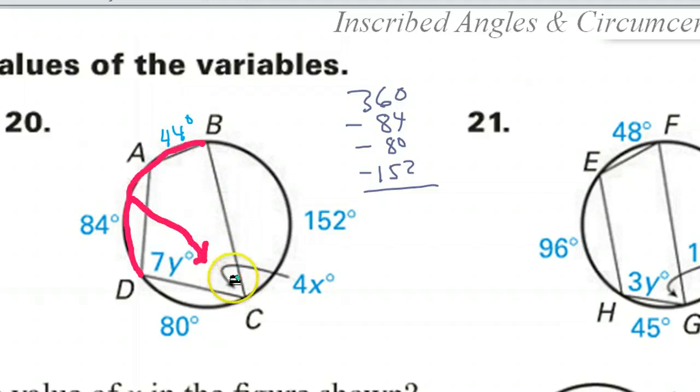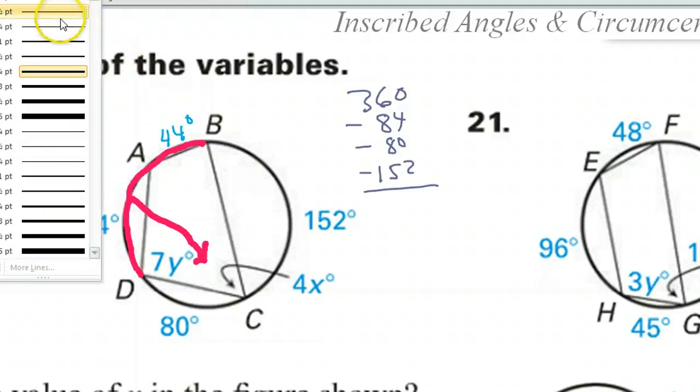And remember how the angle is half of the arc? Well, let's figure out how big this arc is. It's 84 plus 44, right? So 84 plus 44, that's going to be 128. Alright, so if I take half of that, that should give me the size of angle C. So half of that is 64.